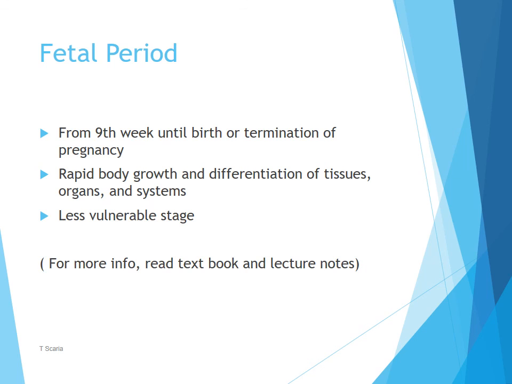Remember, the embryonic stage is more vulnerable to teratogens and fetal period is less vulnerable to teratogens compared to embryonic stage. And please read more information from my lecture notes, and from the book a detailed description is given. It is easy to understand.